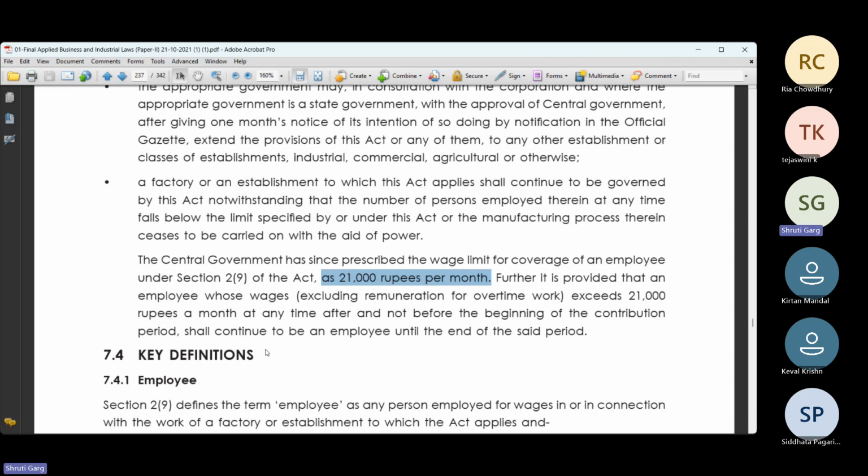But further, it is provided that if an employee's wages exceed rupees 21,000 a month at any time after, and not before, the beginning of the contribution period, means if an employee's salary has exceeded 21,000 rupees in any month, then they shall continue to be an employee until the end of the said period. Clear? Okay.